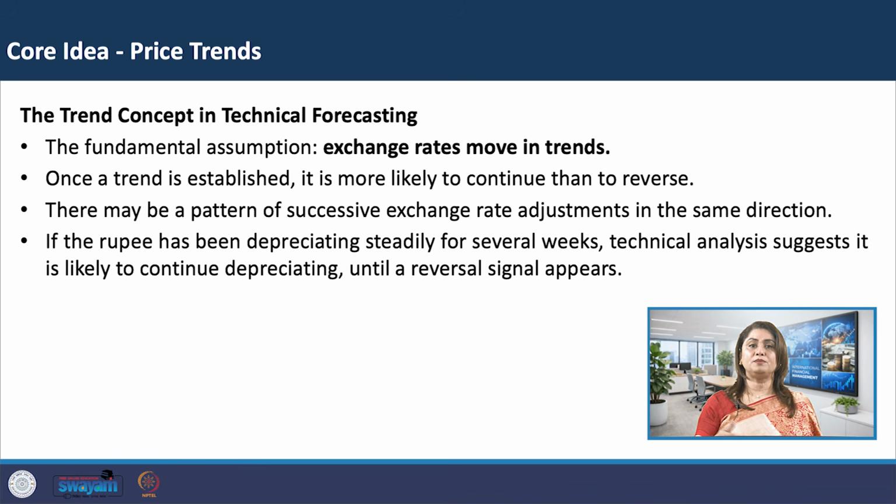If the rupee has been depreciating steadily against the dollar for several consecutive weeks, making lower lows and lower highs, technical analysis suggests that the movement is with the downturn and it is more likely to continue than to abruptly turn around, at least until a clear reversal sign appears in the data.